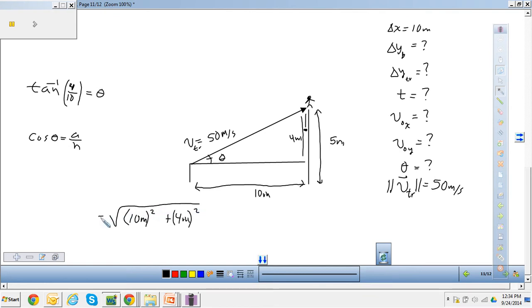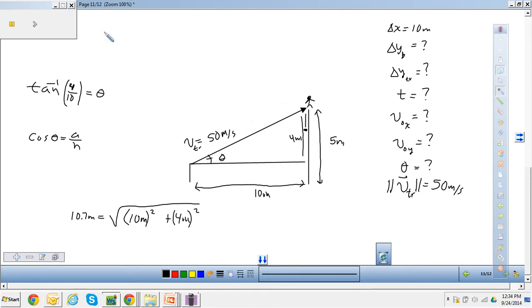And someone go ahead and calculate the square root of 116. 10 what? 10.7 meters. That's right. Is that 10.7 meters? It's not. So you see, that's not the hypotenuse of the triangle, right?